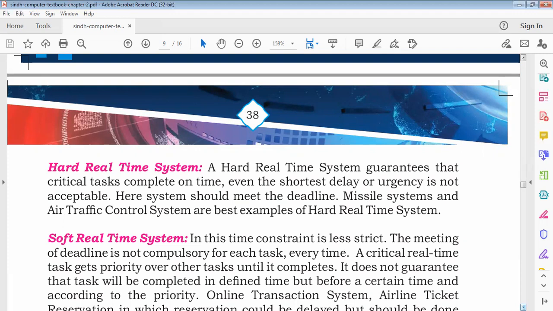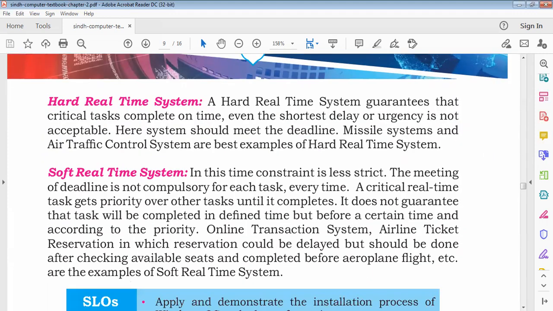So it is normally used for processes like missile systems and air traffic control, where a delay of even 1 second will create a lot of problems. So this type of system is used where your work is very time bounded.